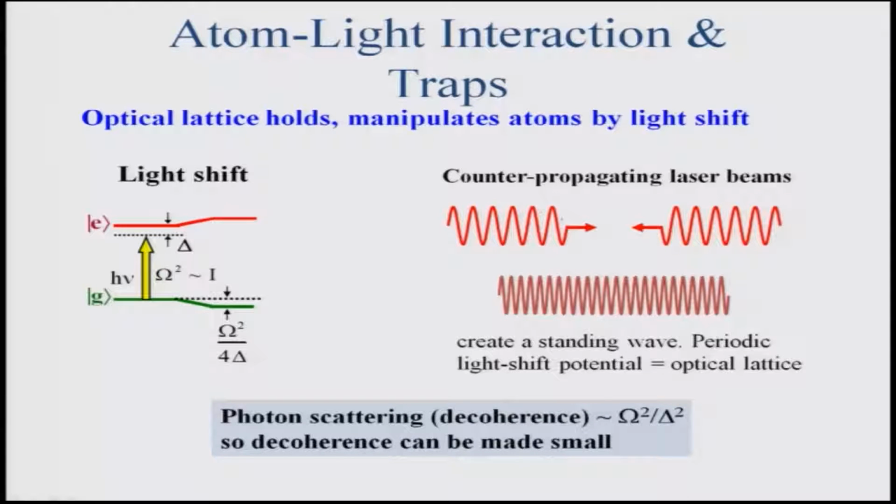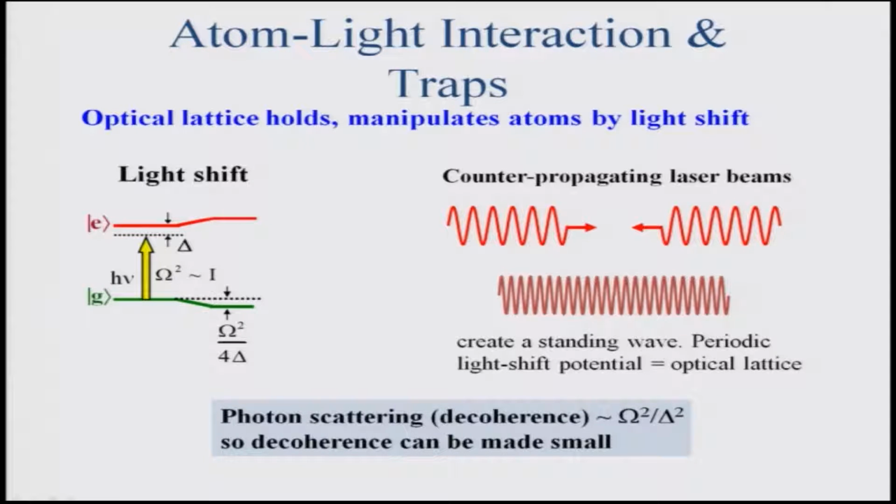The counter-propagating laser beams can create a standing wave where the periodic light shift potential is equivalent to the optical lattice, and the light shift can be utilized to make sure the photon scattering or the decoherence is so small that it can be utilized for getting very long-lived trapped atoms, which can be used for quantum information processing.